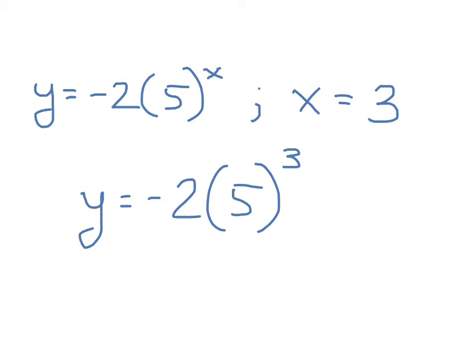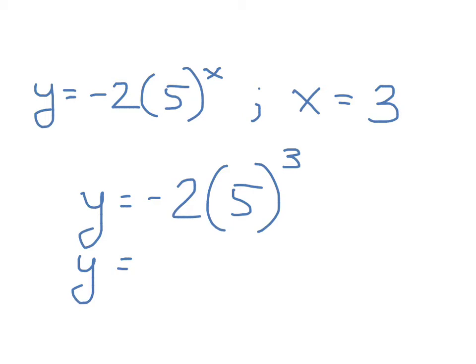Now, what this is not is -2 times 5 times 3. That's not the case. Remember, when you have 5 to the third, that's saying 5 times 5 times 5 times -2. So what number spits out at you if you put -2 times 5 times 5 times 5? That's the answer.